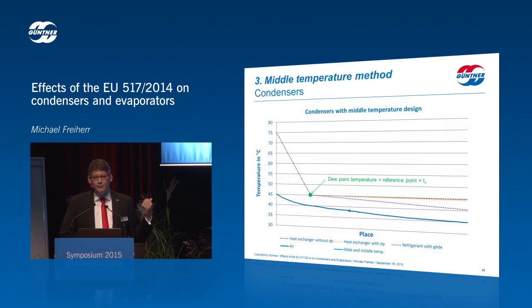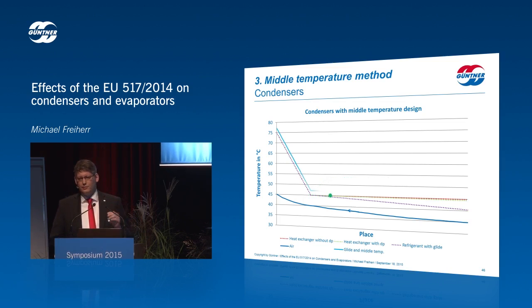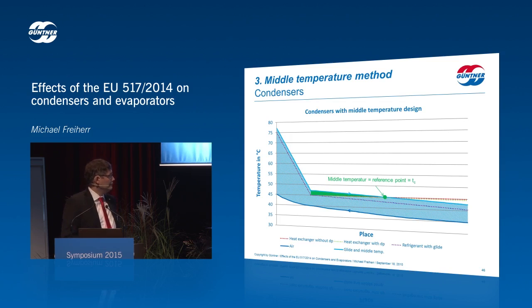So let's remember this diagram for the condenser. We said that the dew point temperature is the reference point for the condensation temperature, and the temperature line of the zeotropic refrigerant blend goes down, as you see here. What do we do? The reference point for the condensation temperature is shifted into the mean area, the central area of the two-phase area.